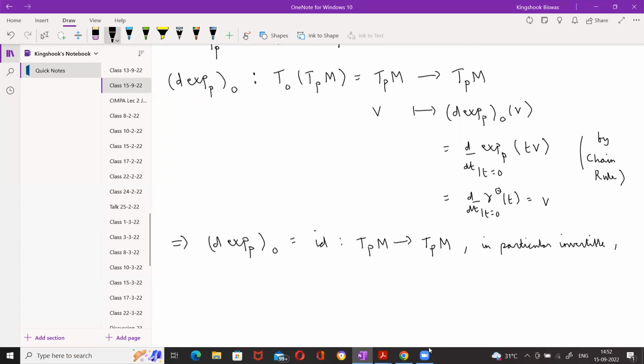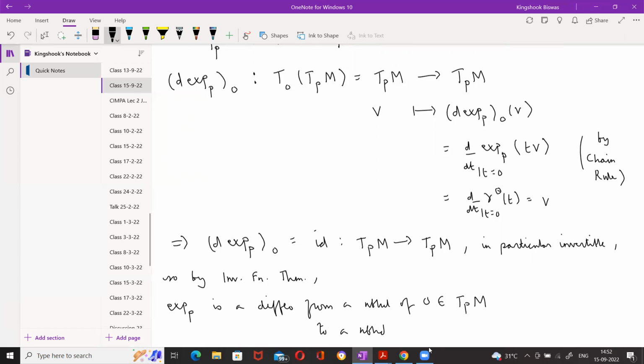And so therefore, by the inverse function theorem, X_P is a diffeomorphism from a neighborhood of 0 in T_P M to a neighborhood of P in M. Is this clear?